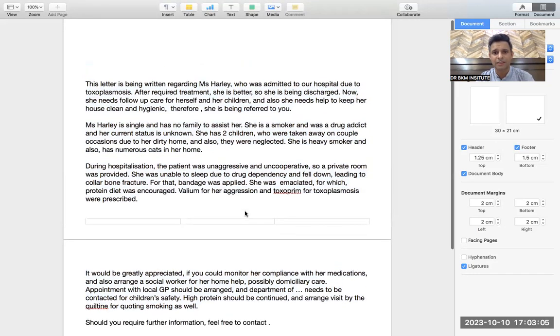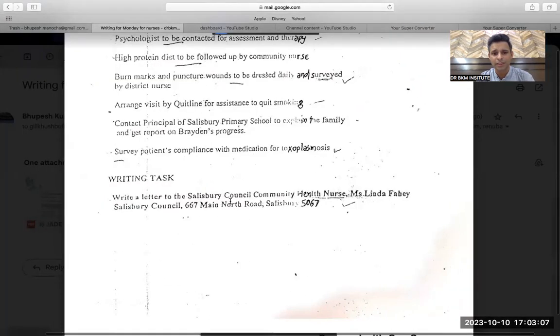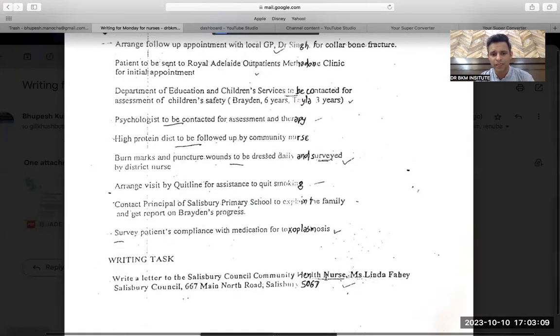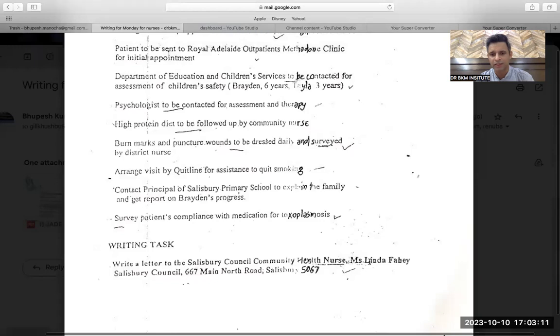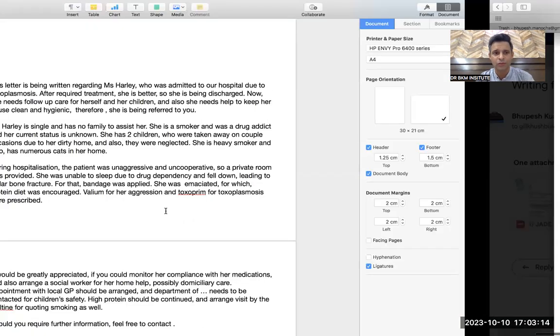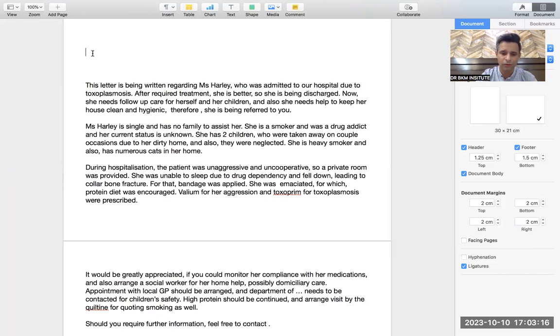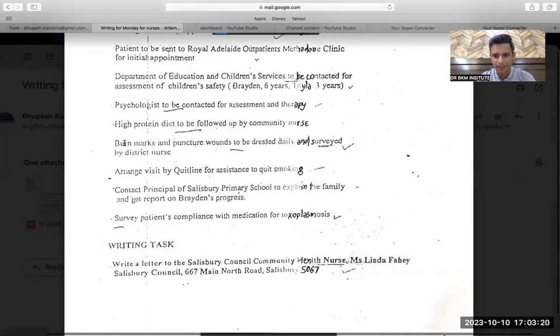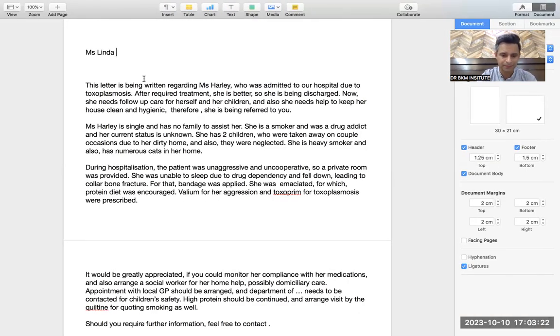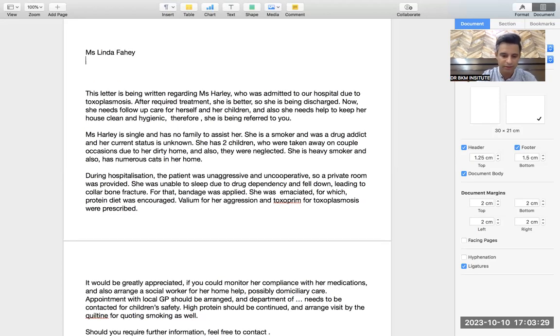And how to write starting and ending for the new students. So I'm writing to Community Health Nurse, Salisbury Council, Mrs. Linda Fay. I'm just telling you the pattern for the new students. F should be capital. You have to take care of this. No comma, nothing. Community Health Nurse, H should be capital, obviously.